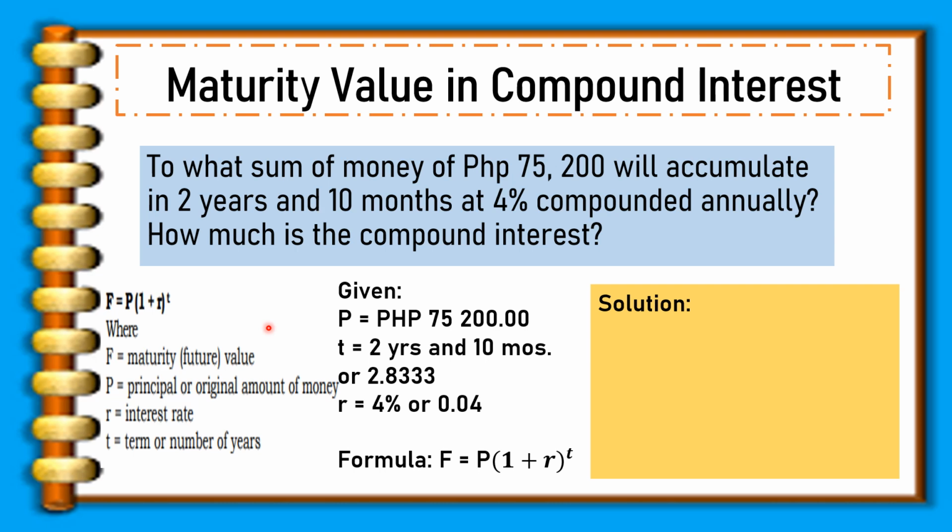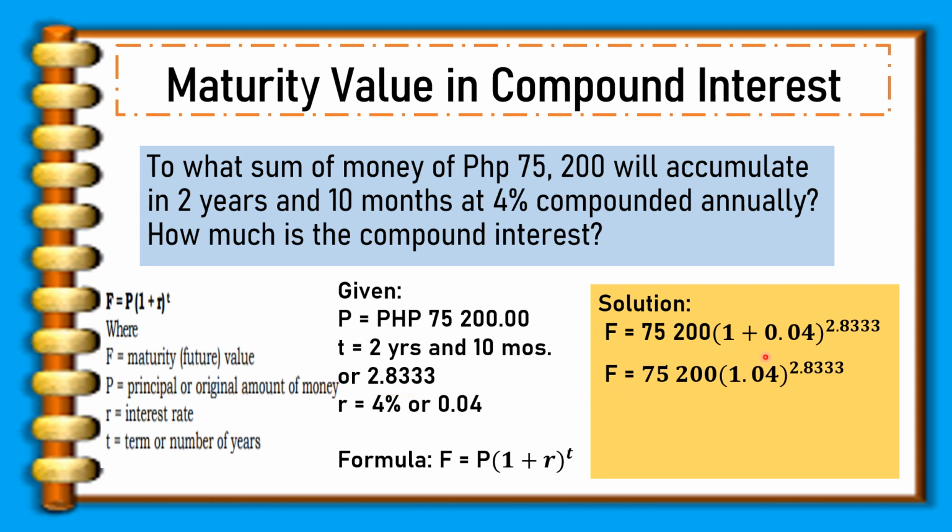For the solution, simply replace P by 75,200, rate by 0.04, and term by 2.8333. I just approximate these values because it is a non-terminating decimal. I approximate this to 4 decimal places.